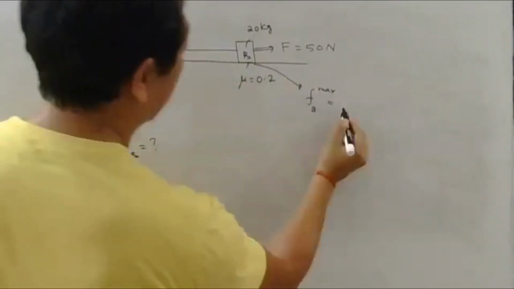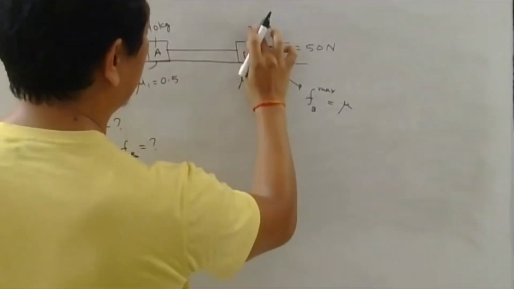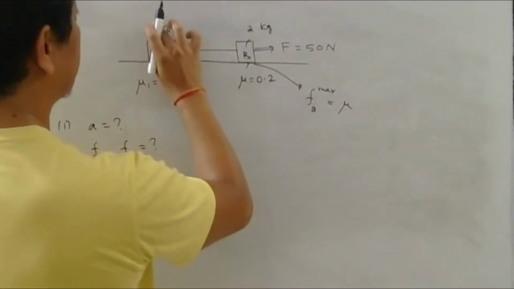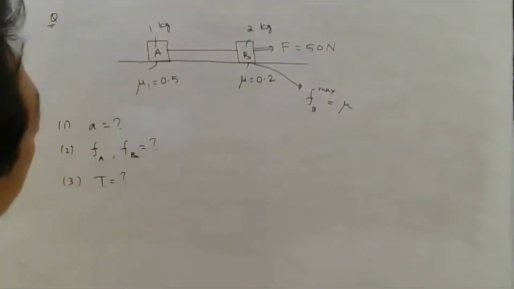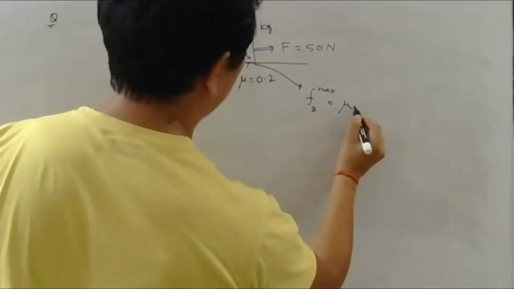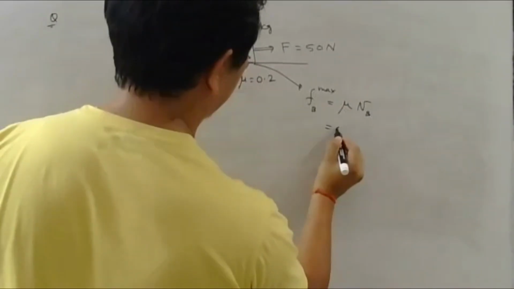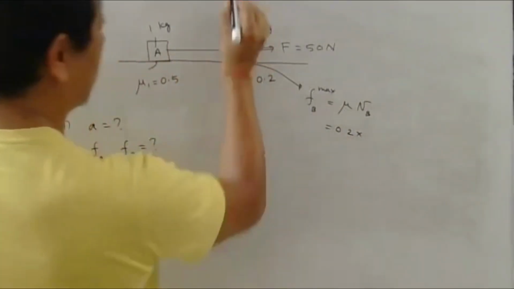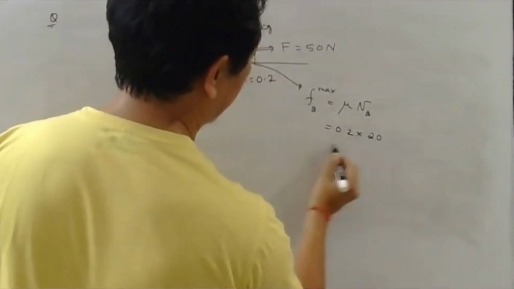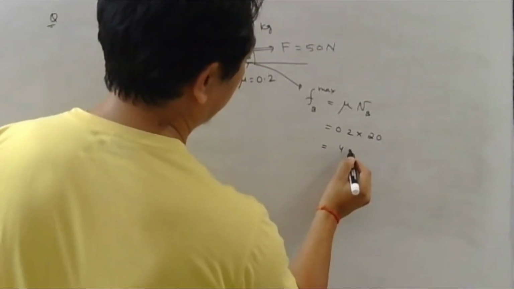Mu into N. Let me write 2g and 1g, otherwise it will be too big. So mu into N at B: 0.2 into normal, which will balance mg, so 20. How much is this? 4 Newton.